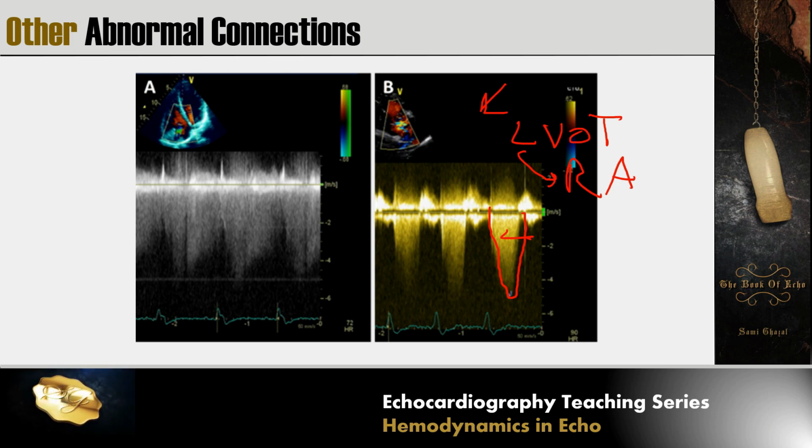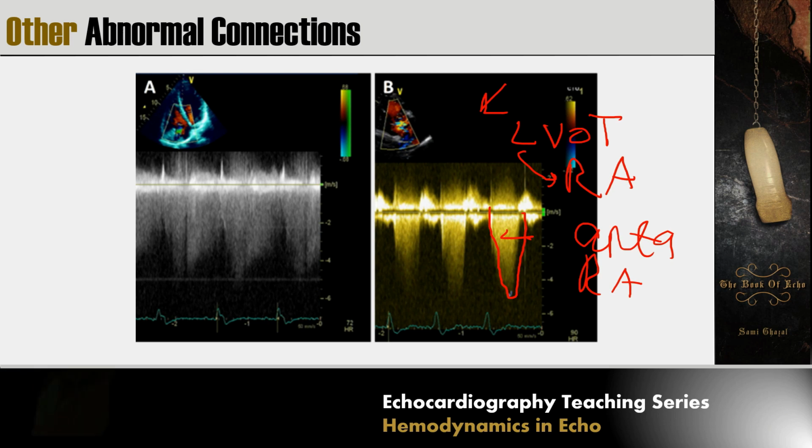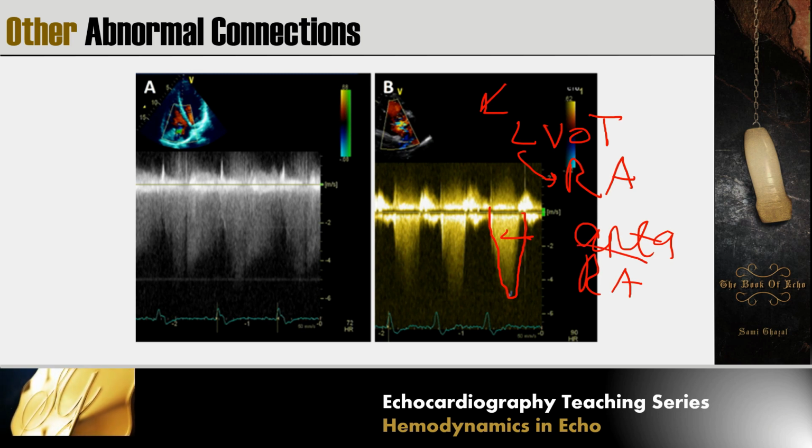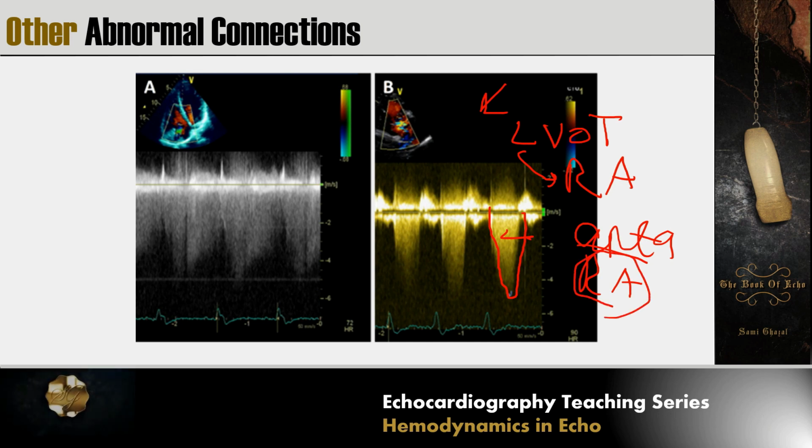However, if this defect is distal to the aortic valve, let's say between the aorta and the RA, like in case of a coronary artery fistula from the aorta to the RA, you have high diastolic pressure as well as high systolic pressure all the time. So aortic diastolic pressure will be maybe 60 or 50, and RA pressure is 5 or 10.